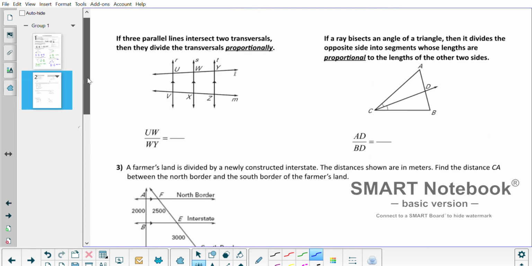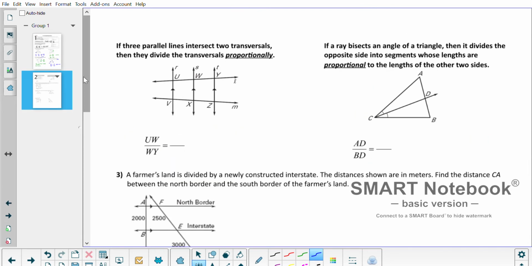And as we look at our final 2 things that we're going to discuss today about proportionality, the first one says if 3 lines are parallel and they all intersect 2 transversals, then they divide the transversals proportionally. So I've got my 3 parallel lines going vertical here.